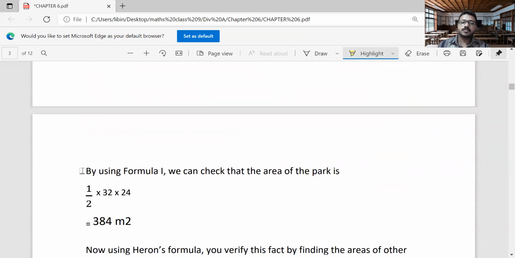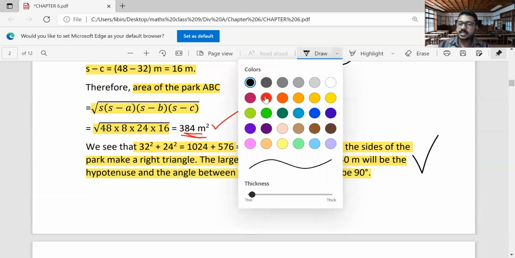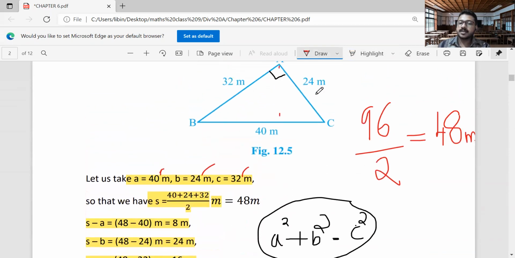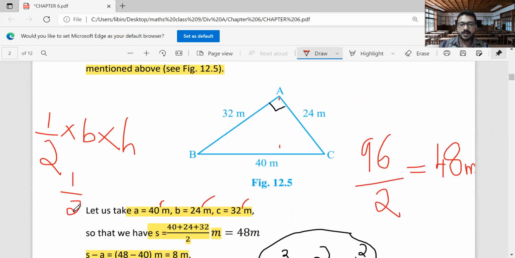So now, by using the formula, we have just found out it is a right triangle. So if this is a right triangle, then we can make use of our normal ordinary formula, which is half into base into height, because we know the height.